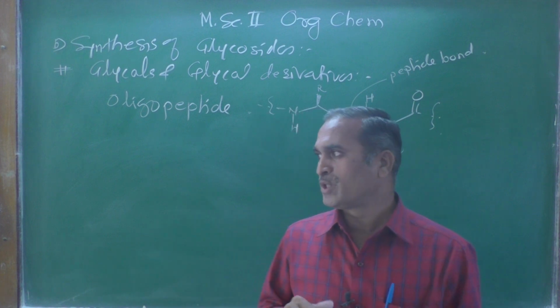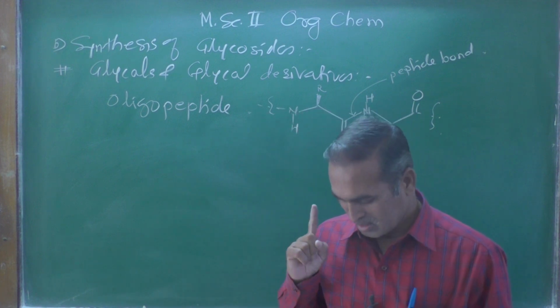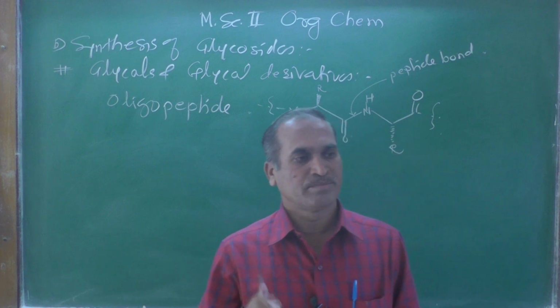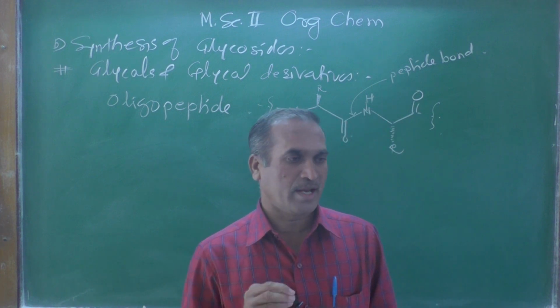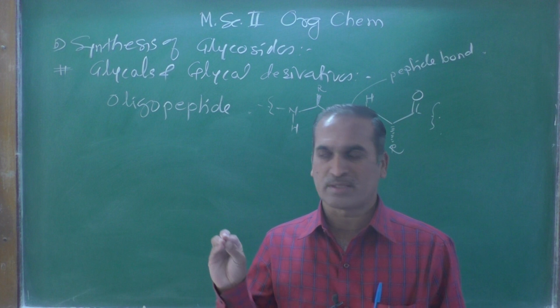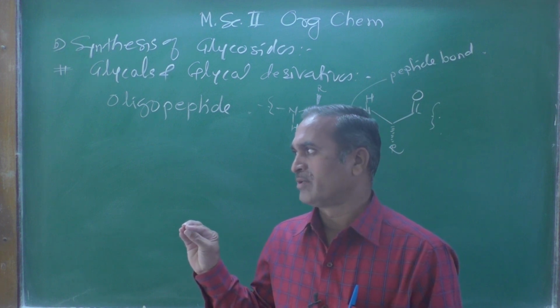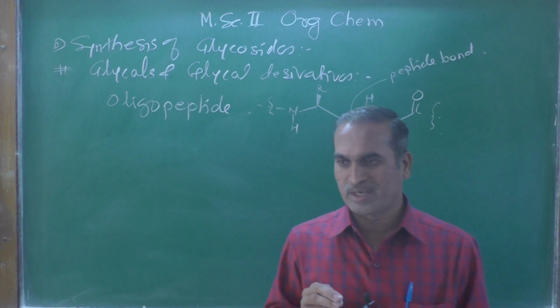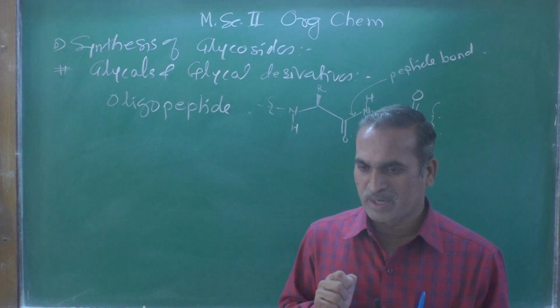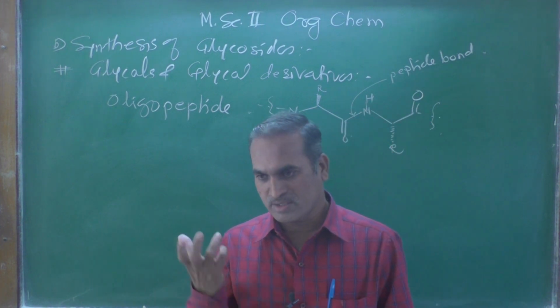If more than two chiral centers are there, then there are some criteria, such as a plane of symmetry, center of symmetry, or alternating axis of symmetry.